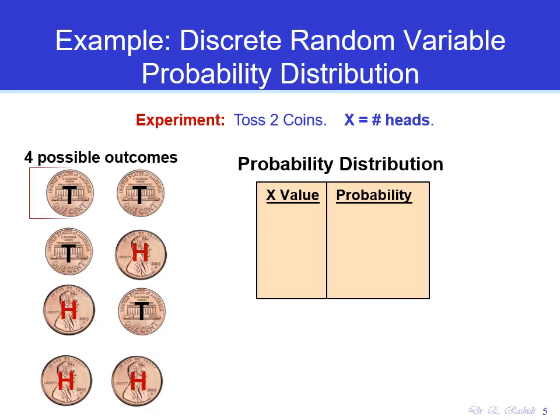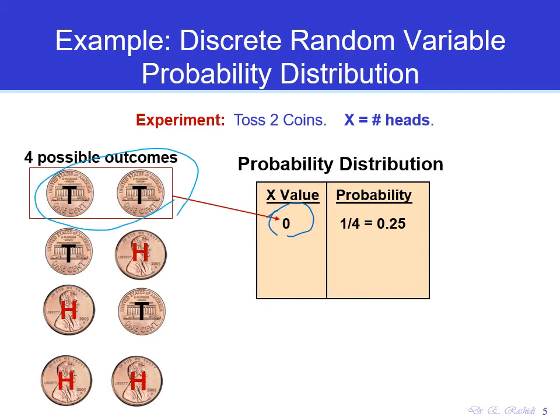The first one goes for the probability that x becomes 0. That's 1 out of 4, because this scenario where we get 0 heads is 1 out of these 4 scenarios. So its probability is 1 out of 4, which is 25%.